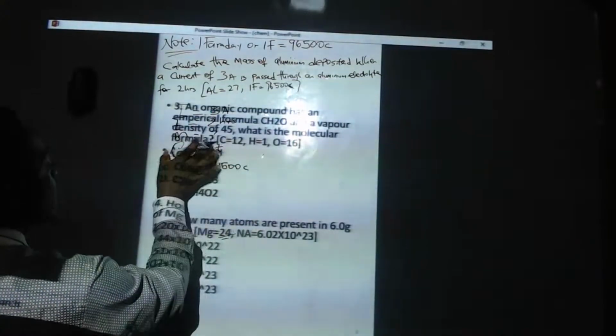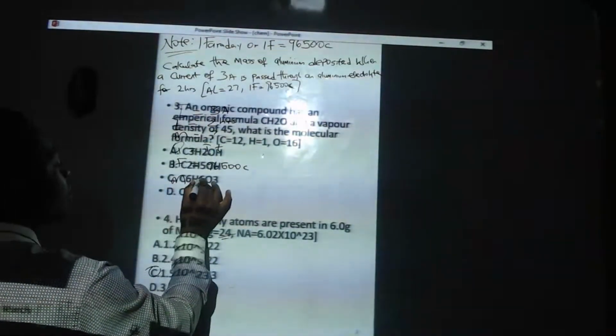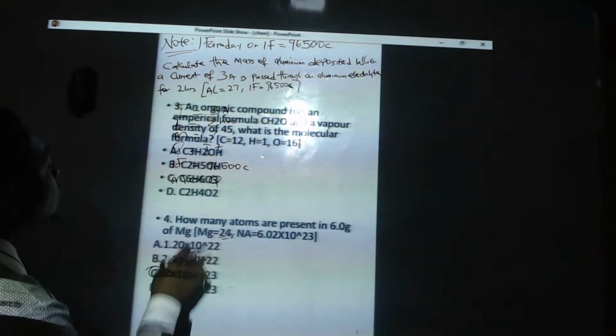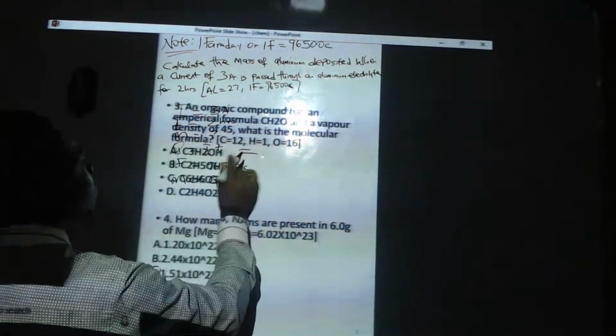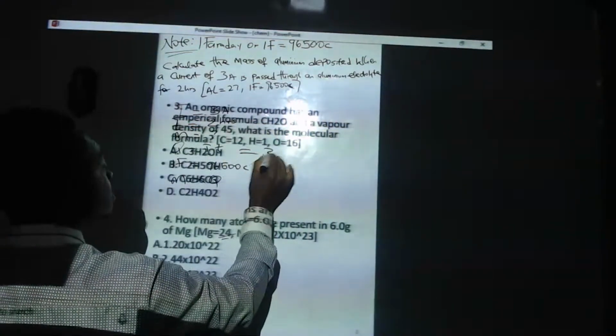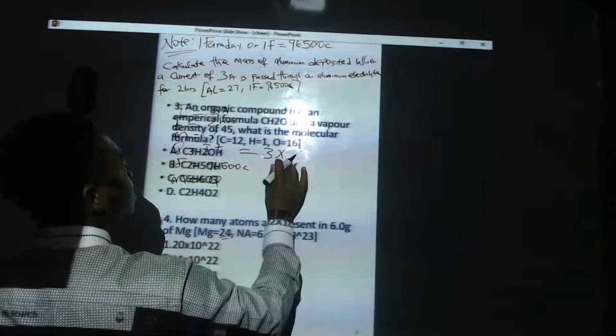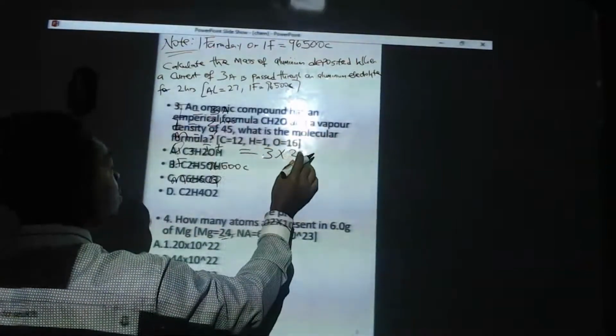Now the first thing here is to find your Q, because remember that your M is directly proportional to your Q. So I find your Q: 3 times 2, because it's 2 hours.